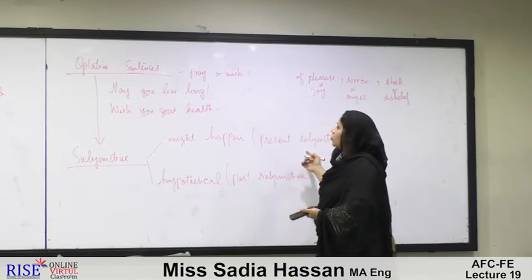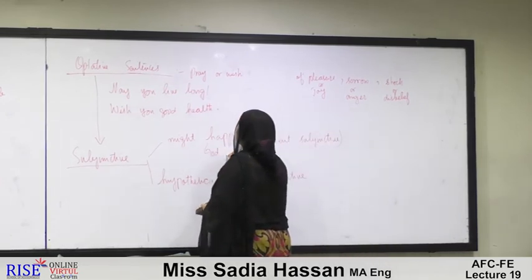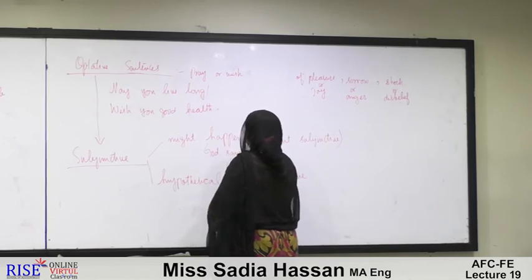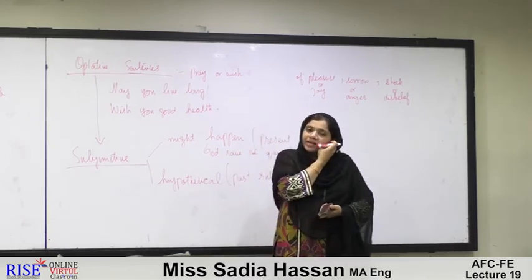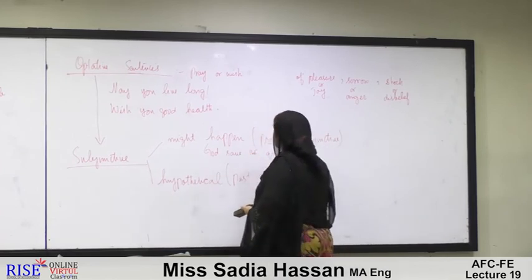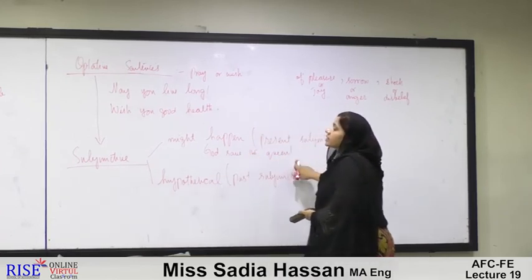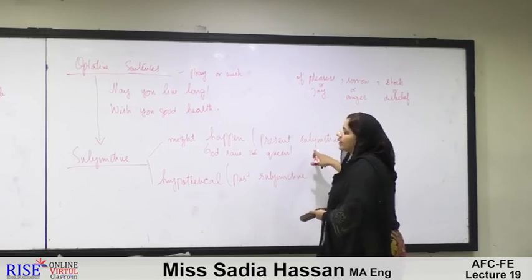Okay, for example: God save the Queen. I am wishing, fine. I am praying that God saves the Queen. Okay, fine. That is called present subjunctive. A wish that is possible, that might happen.